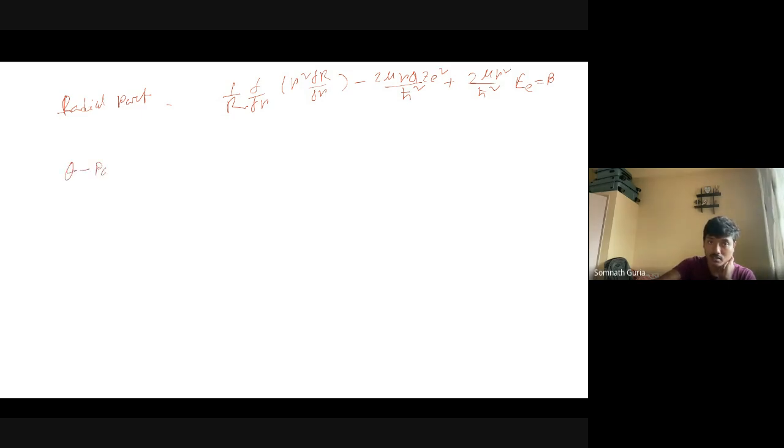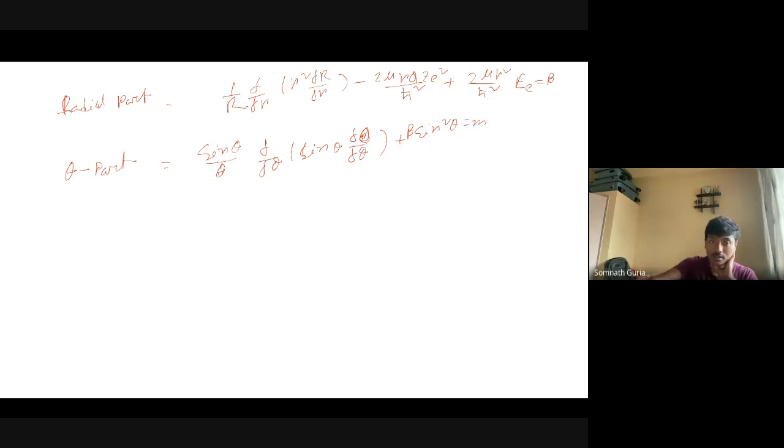It will look like 1 by sine theta capital theta, del by del theta of sine theta del capital theta by del theta, where capital theta is a function with respect to theta, plus beta sine square theta equals n.